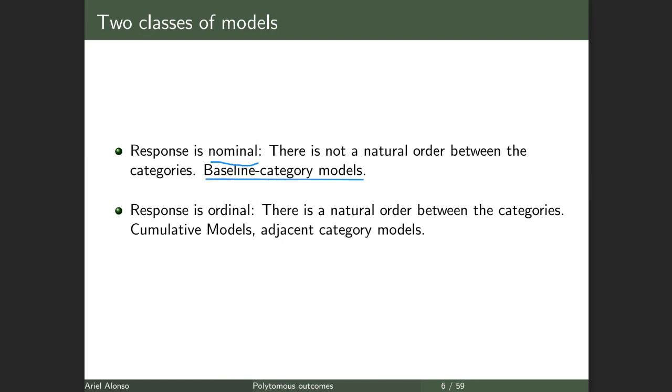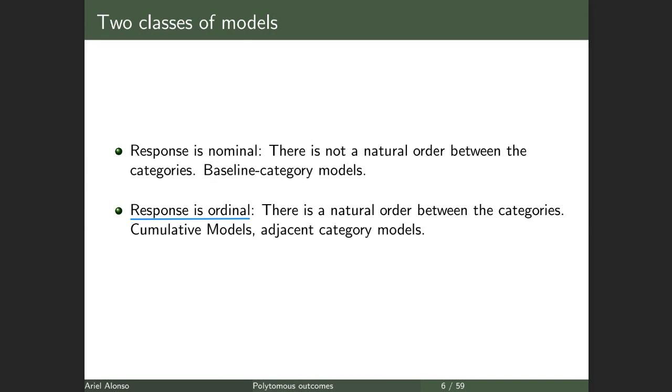Now, of course, in some situations you do have a natural order in your categories. And this is when your response variable is ordinal. For instance, the example we were seeing before about a patient that received a treatment and the outcome is worsened, same status quo, improved or cured.